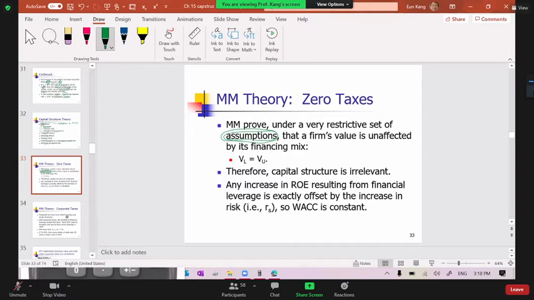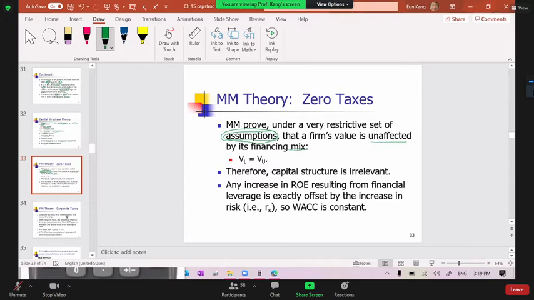If not, you cannot have a simple formula. You definitely cannot get it. You need lots of assumptions. And we'll talk about that later in chapter 16, that a firm's value is unaffected by its financial mix. That's the conclusion.